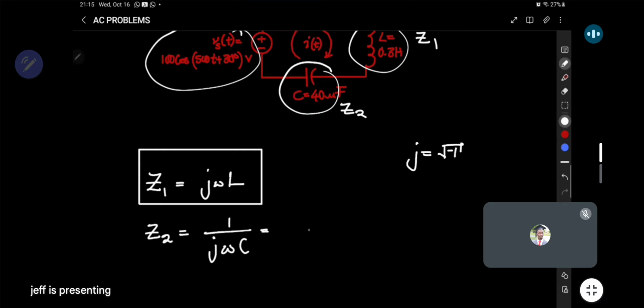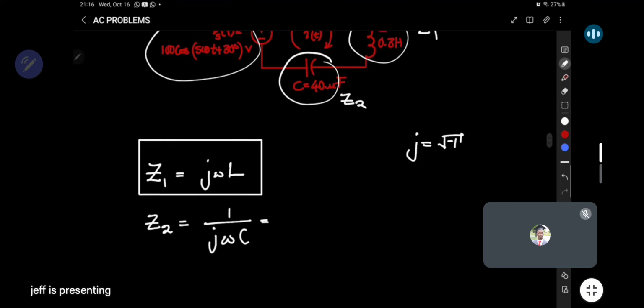This is the one that sometimes when a negative is put here, or when the J goes up, a negative will be introduced, and then this will be omega C. Some students tend to wonder where the negative comes from when it's presented in this form, but basically it comes from when you try to rationalize the denominator.